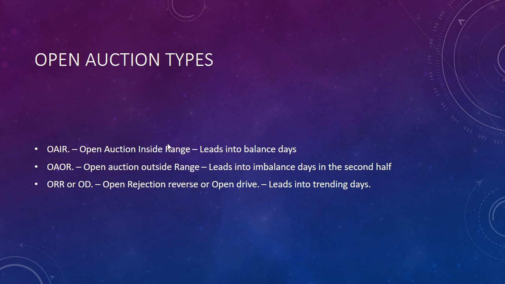So if the first 1 hour activity is within the previous day's range, we call it open auction inside range. And if the first 1 hour activity is outside the previous day's range, even if it's within the IB, there should not be any extension. In both of these cases you would not see extension; you would see the market spending time within the IB, but in one case outside the previous day's range and in the other within it.